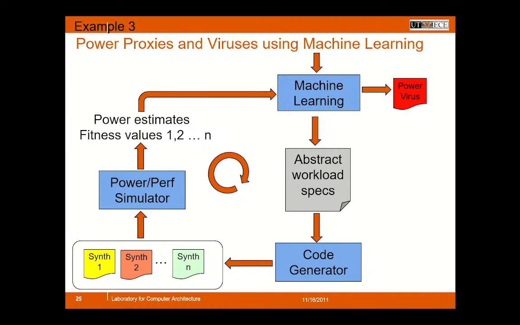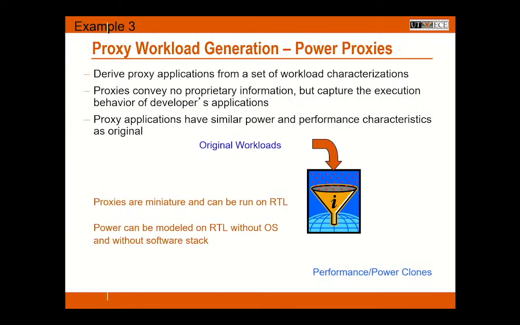That was the idea. The reason we reached there is that in our workload characterization work, we had created mechanisms to copy a program or make a proxy for a program. I'll come back to the other slide again.